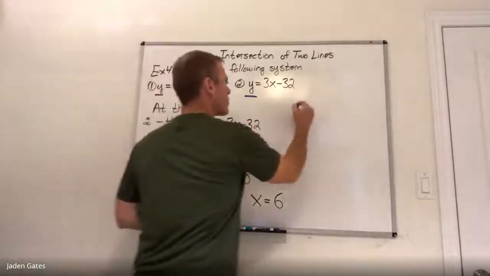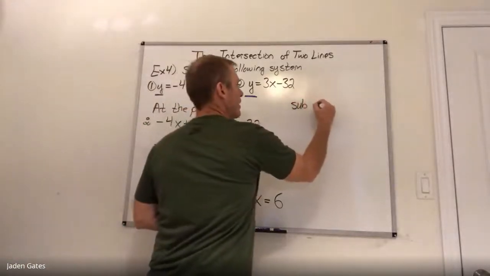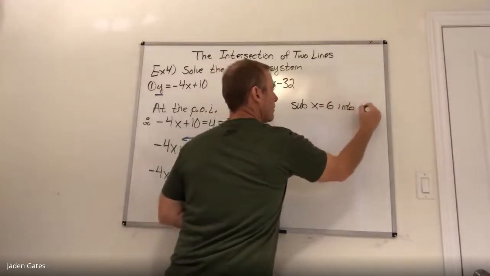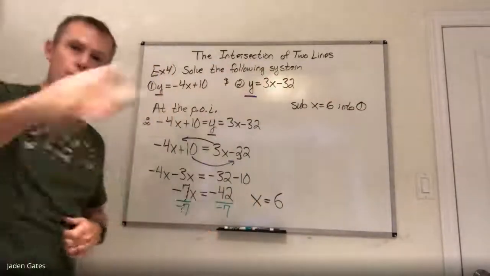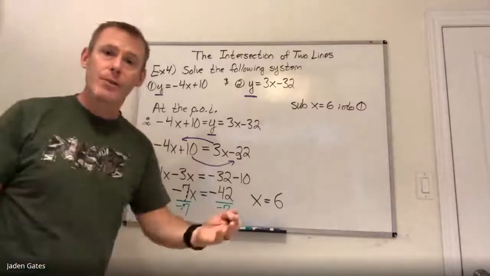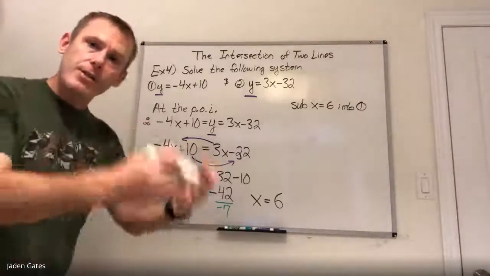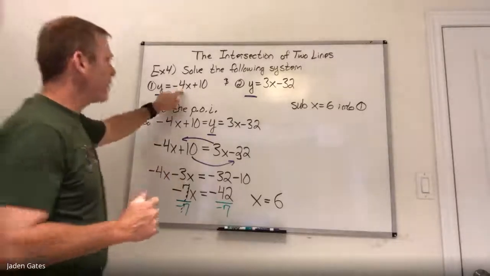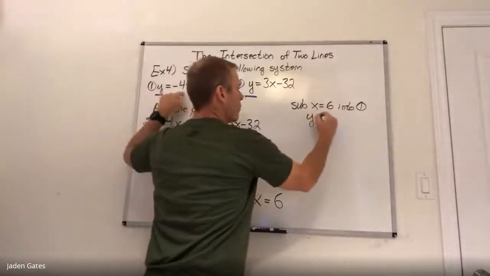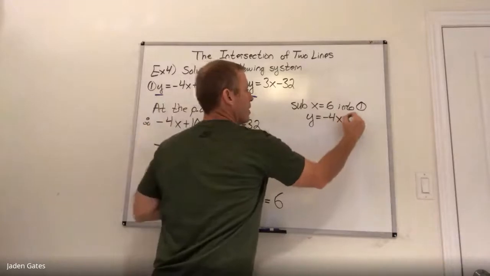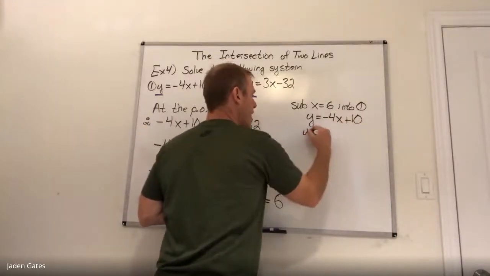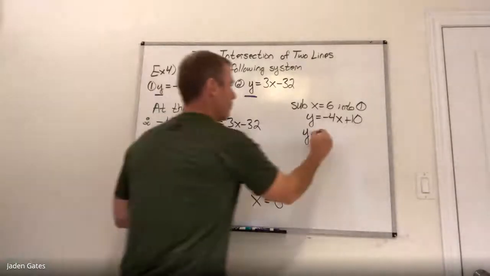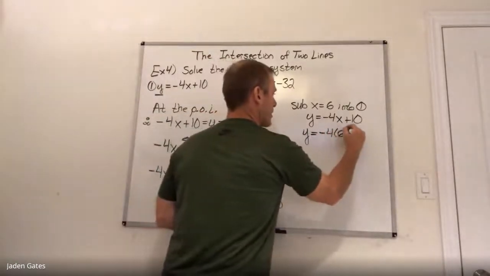So I am going to sub x equals 6 into equation number 1. If you get bored, you can sub it into equation number 2. You're going to get the same answer because they have the same x and the same y at the same time at the point of intersection. So now, y equals negative 4x plus 10. I know that the x value is 6, and so I have negative 4 times 6 plus 10.